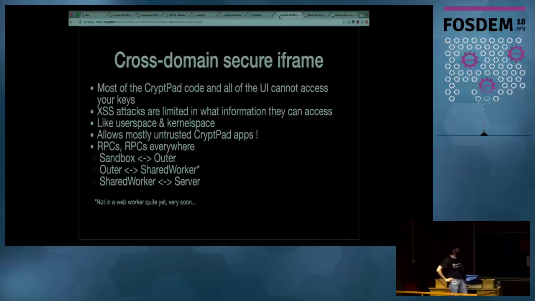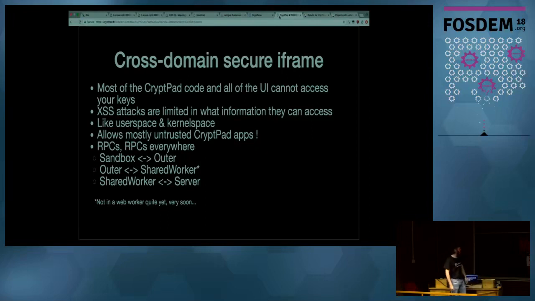One of our innovations is the cross-domain iframe. All the UI in CryptPad is in an iframe on a different domain. It's not on CryptPad.fr because CryptPad.fr has local storage, and local storage has keys, and keys can read out your drive. In that event, any cross-site scripting is deadly. It's total ruin.